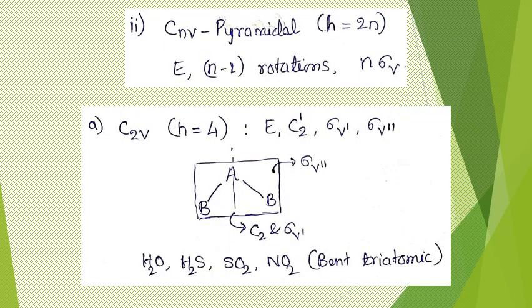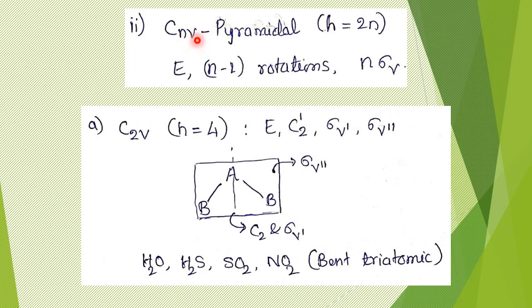The next type of point group that I am considering under this heading will be CnV. Here in the name itself we can understand things. If C with n is written, it simply means that an axis is present.